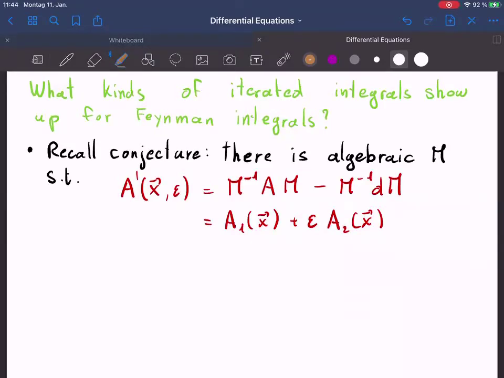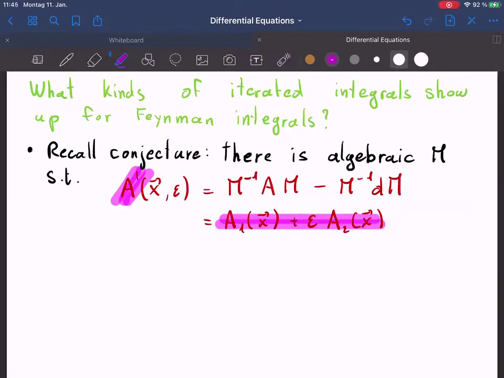Algebraic functions meaning here rational, and they may contain square roots, for example. You can find an algebraic function M such that the differential equation becomes simpler. Namely, now the new matrix of the differential equation has this simple dependence on epsilon. Right? That's what we said.